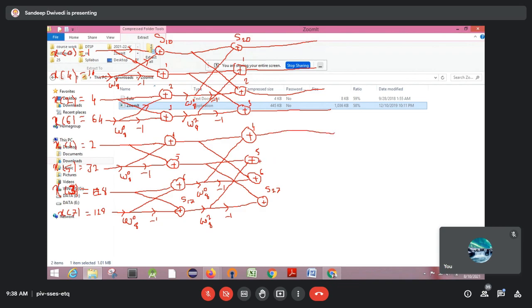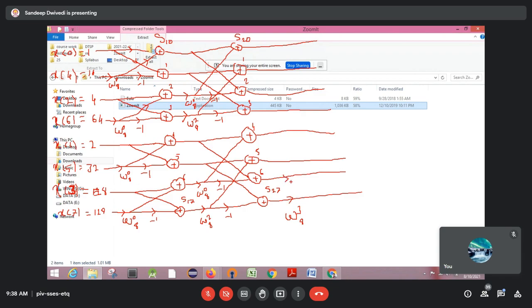Now in stage 3 you have to skip 4 lines, and at the lower 4 lines you need to mark the Twiddle factor. Here the Twiddle factor will be W suffix 8 raised to power 3.